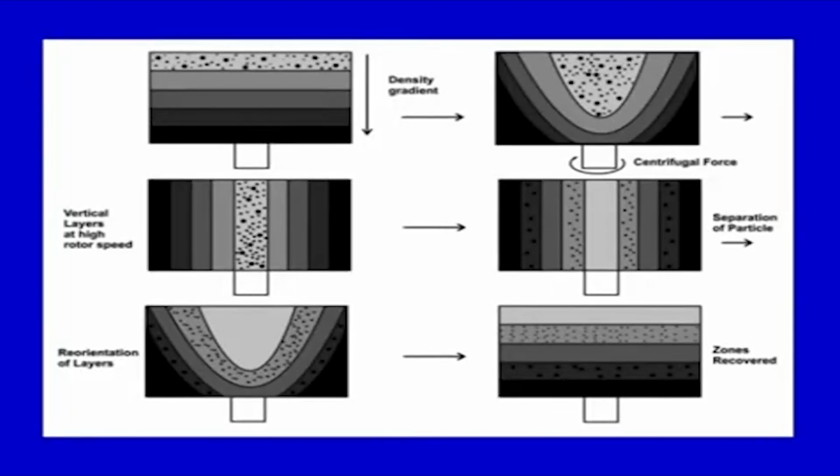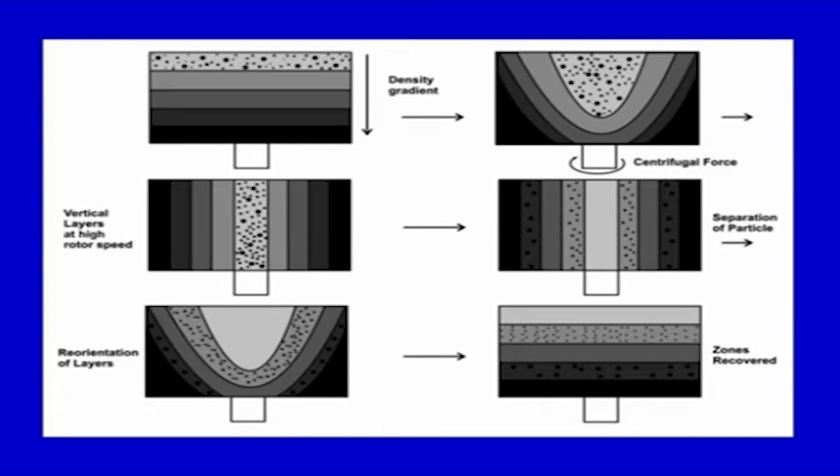So, as you can see on your screen, first the sample is layered on top of the gradient, and you can see the gradient here: the lighter side of the gradient is this and the denser side is this.